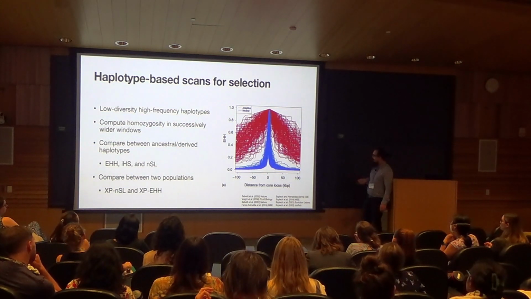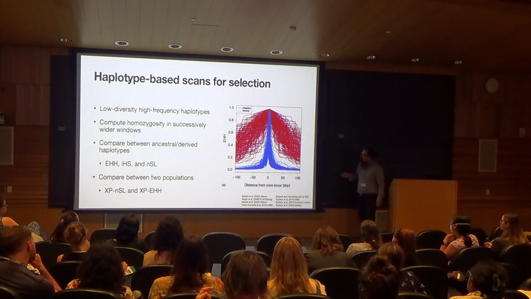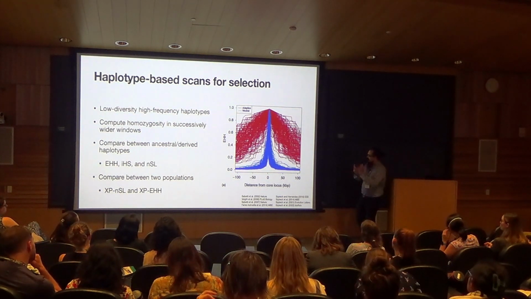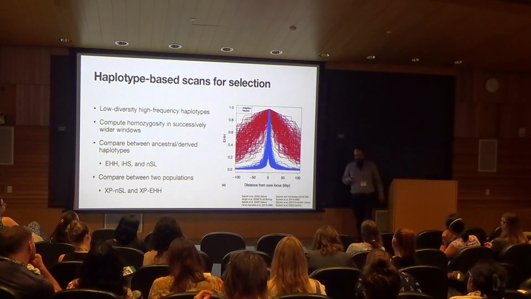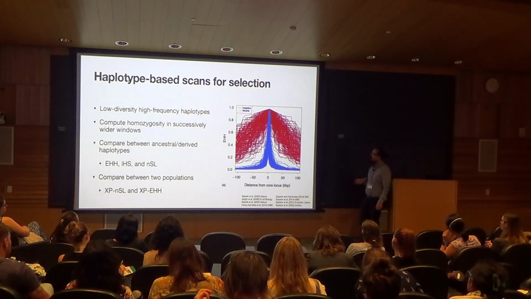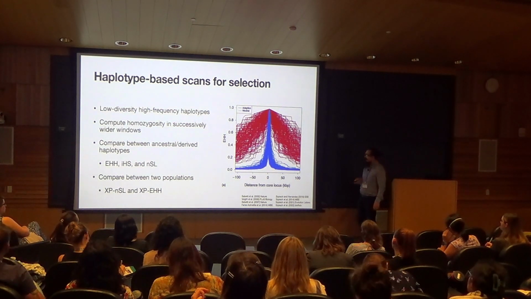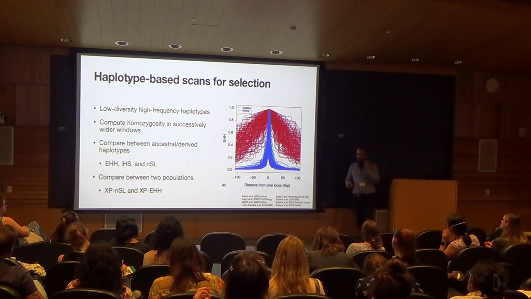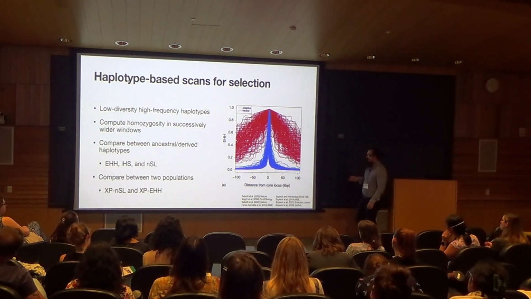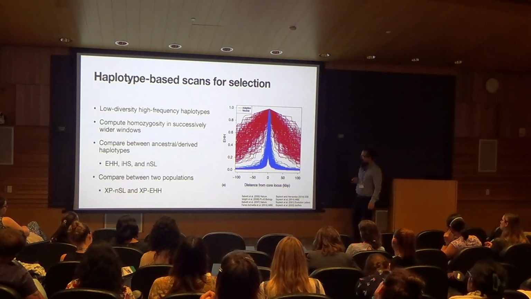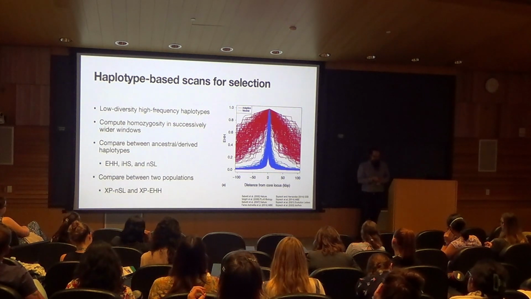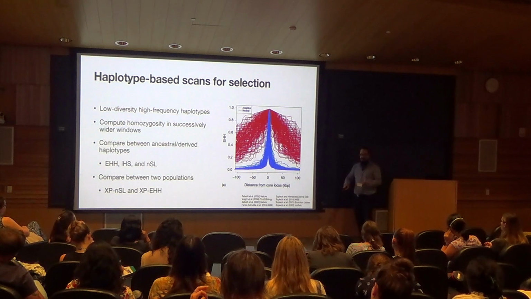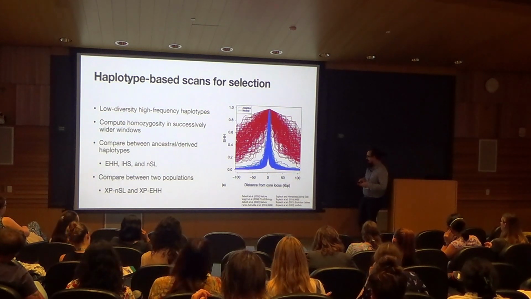But on the flip side, if there's no adaptation in this location, that homozygosity will decay quite quickly. There are a lot of statistics like this. iHS and nSL do this within a single population, making these comparisons. Statistics like XP-nSL and XP-EHH do this in one population with respect to some reference population.